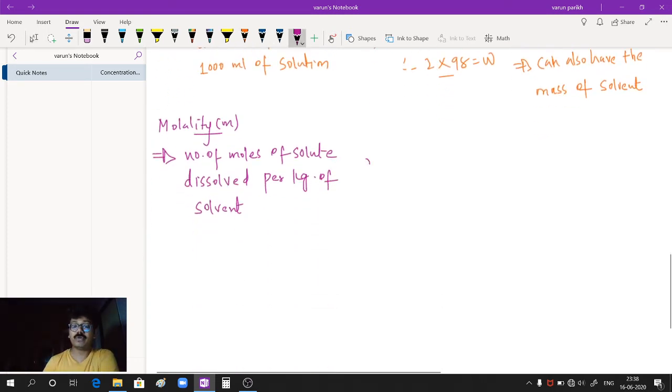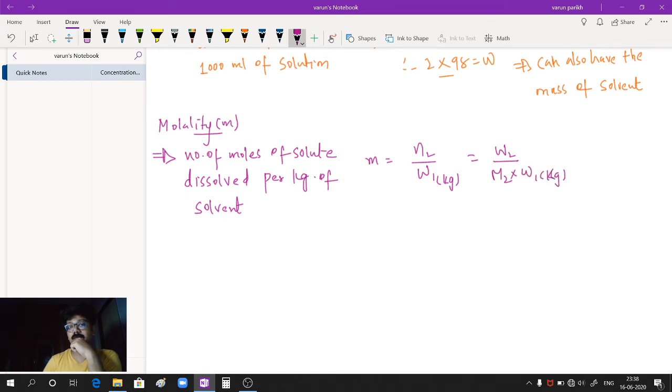So small m, molality, is equal to the number of moles of solute dissolved per W1 in kilogram. What is W1 in kilogram? It is the mass of solvent in kilogram. Moles is mass by molar mass, divided by mass of solvent in kilogram.